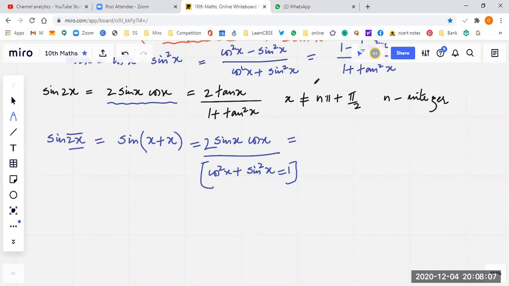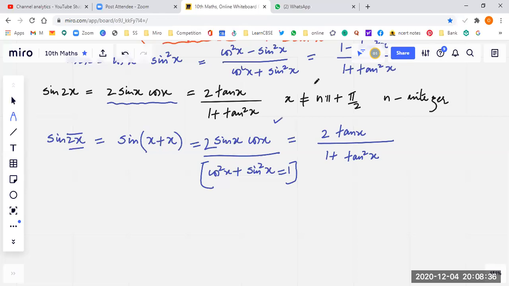Then dividing each term by cos square x, the 2 cos square cancels with one cos square, and we get 2 tan x divided by, 1 plus sin square x by cos square x, which becomes tan square x. So this is also proven.